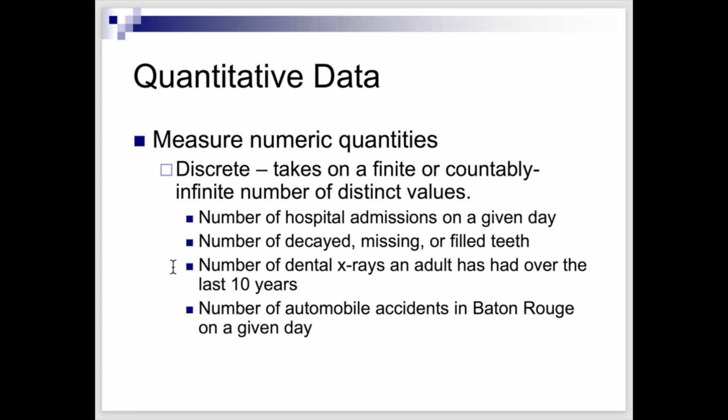So he was very interested in this kind of a variable, the number of dental x-rays that an adult has had over the last 10 years. So obviously that number, like the number of hospital admissions, would be the non-negative integers. And then finally, if we were counting the number of automobile accidents in Baton Rouge on a given day, the possible values for that variable would again be the non-negative integers, 0, 1, 2, 3, and so forth.